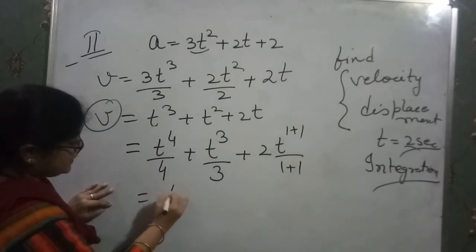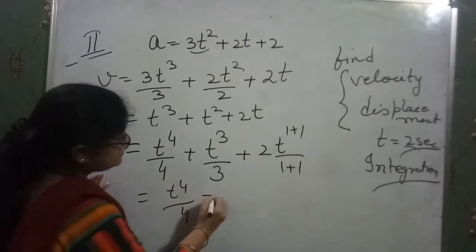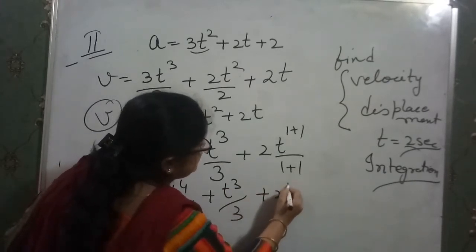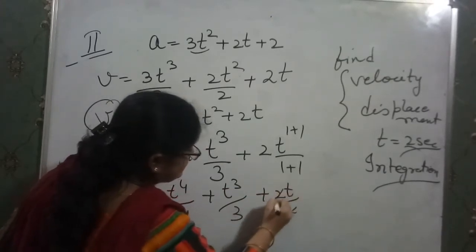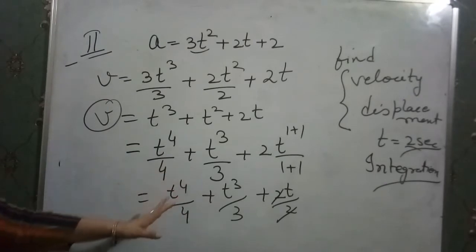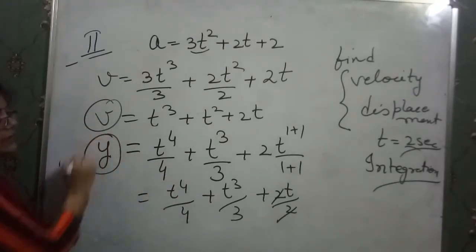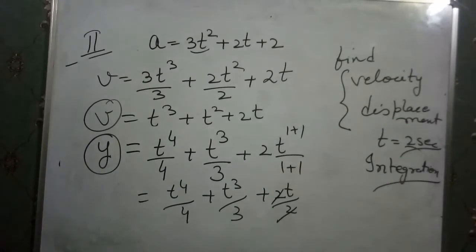So we have t^4 over 4, t^3 over 3 plus 2t over 2, which gets cancelled. Now put the value of t equal to 2 seconds and find the displacement of the particle. And I think you can solve it. Now I am going to the next concept.